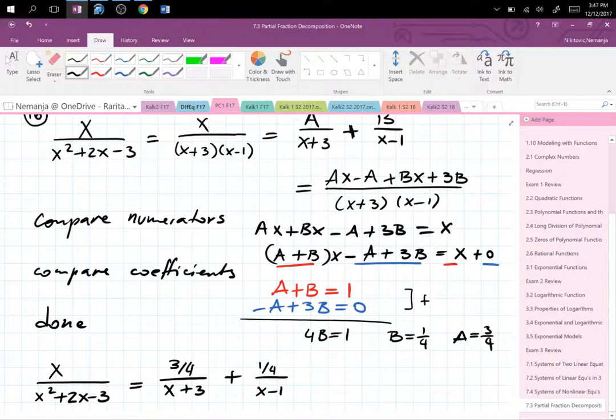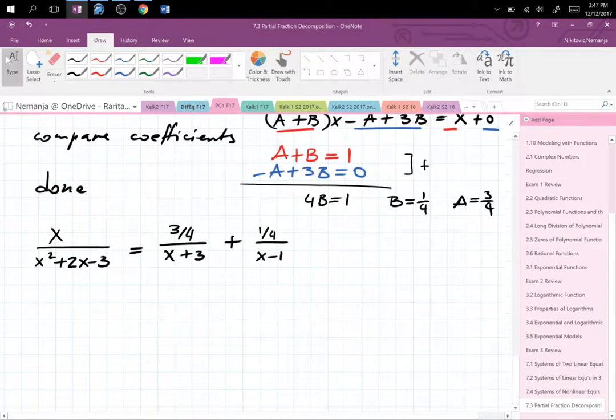You can plug in 1/4 here. 1 minus 1/4 is 3/4. And there you go. So the problem is equal to 3/4, and we did decomposition. We went from having one expression, unfactored, into these two terms, two rational expressions that we can go on and do whatever we need to do.